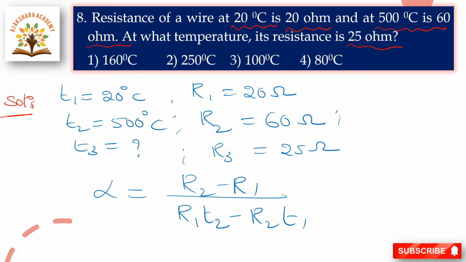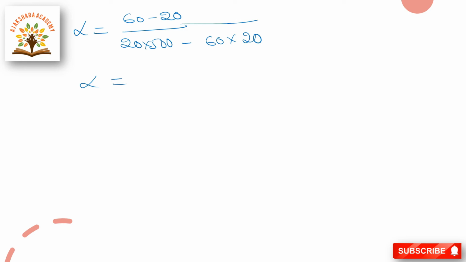Now substituting values, alpha is equal to (60 minus 20) by (20 into 500 minus 60 into 20). So alpha is equal to 40 by (10,000 minus 1200).